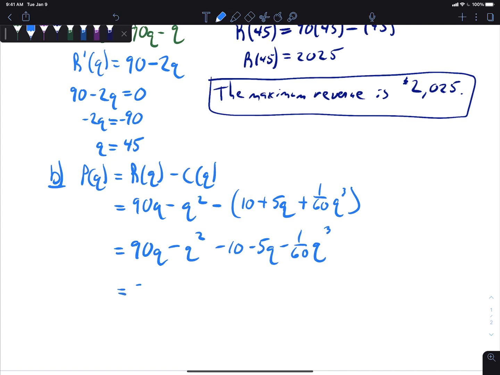So this is going to give me negative 1/60th Q cubed minus Q squared, 90Q minus 5Q is positive 85Q, and then minus 10. Good. And this is the profit as a function of the quantity created and sold.